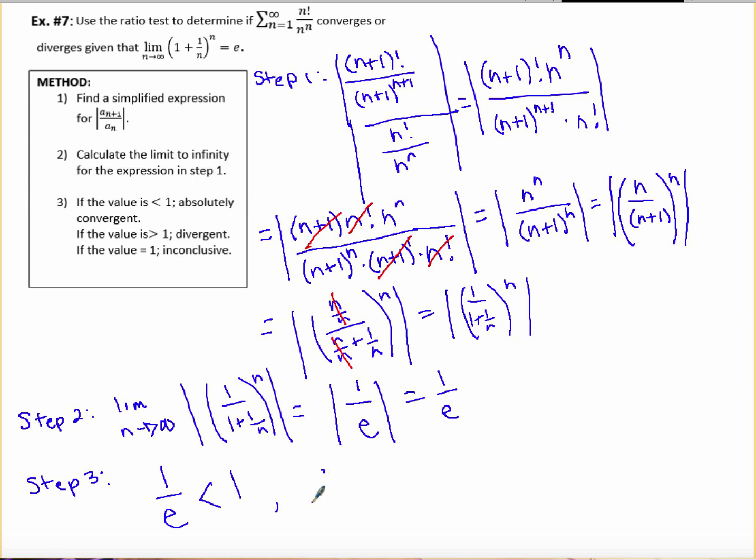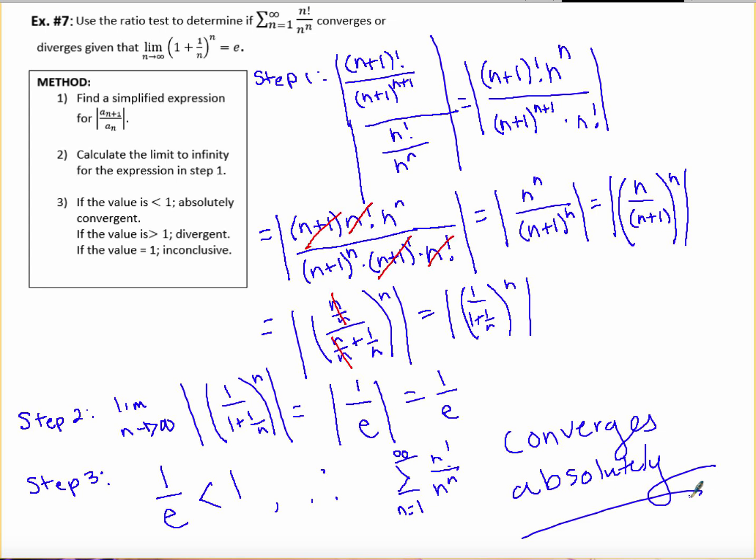Therefore, the sum to infinity of our series n factorial divided by n to the nth power absolutely converges. Woohoo!